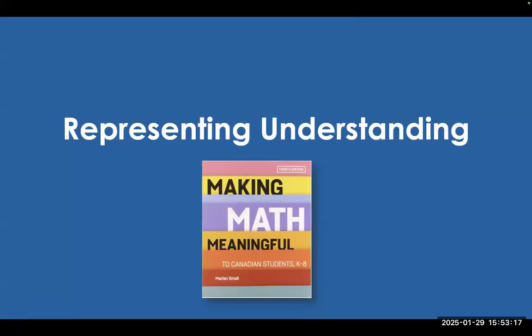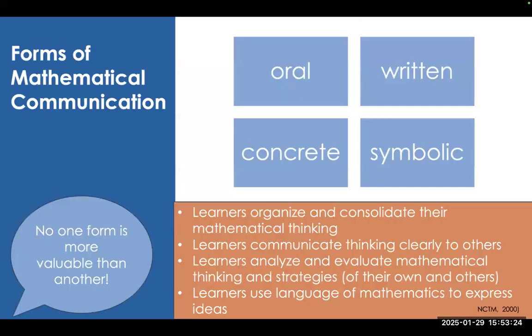Another way that students can show that they're comprehending math is to look at how we would be communicating and representing thinking. So there's lots of forms of mathematical communication. We can communicate orally, which has to do with speaking and listening.